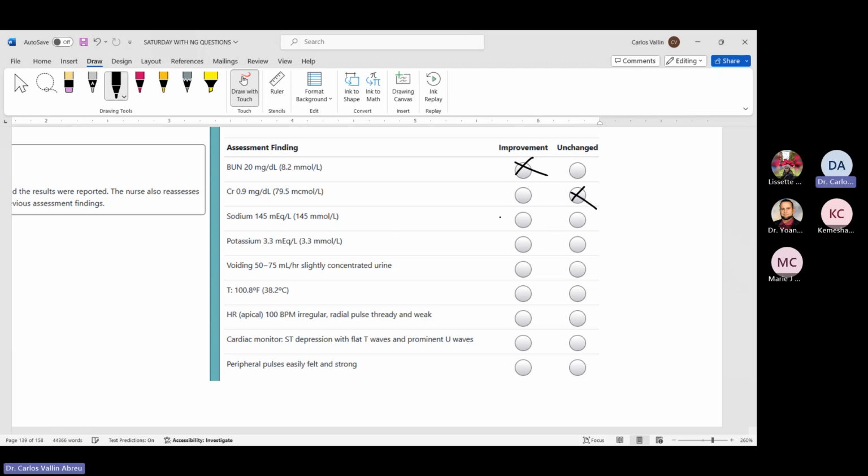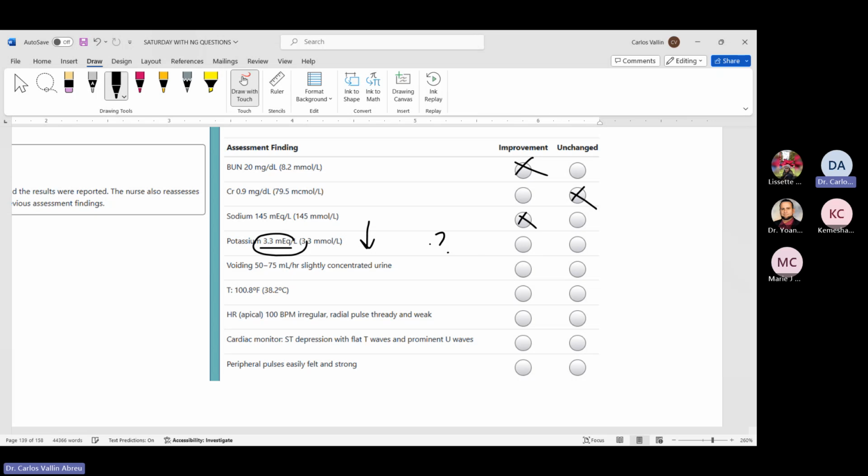Sodium 145, improved. Potassium 3.3, okay, this is not good. Potassium now is lower. There should be another option here saying deterioration or not improved, because it's unacceptable that the potassium drops below normal.